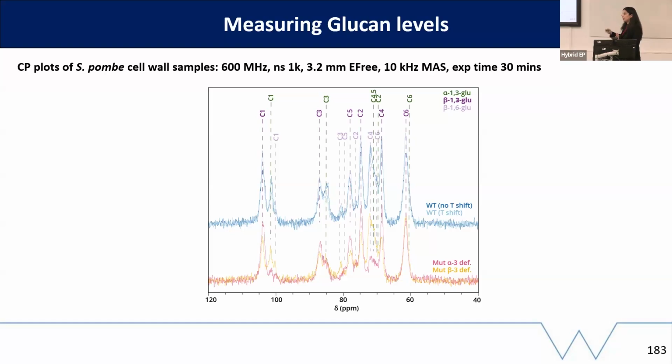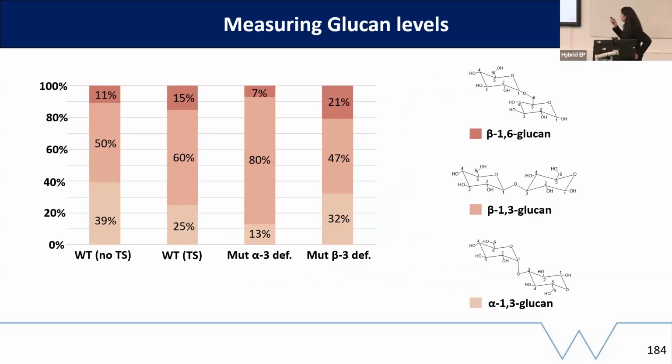Further, I tried to quantify these glucans in all the samples based on the area under the peak of this spectra. Based on that, we can see that beta 1,3 glucan is the major component in all the samples, but we do see an effect of temperature change and mutation in my samples.